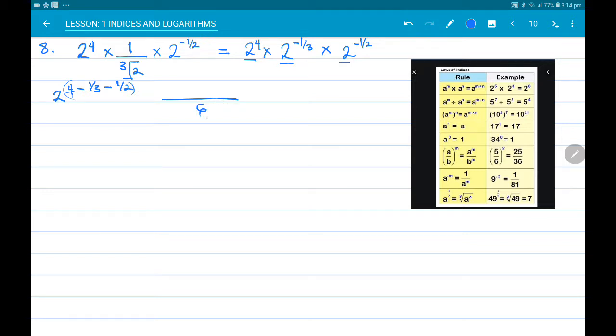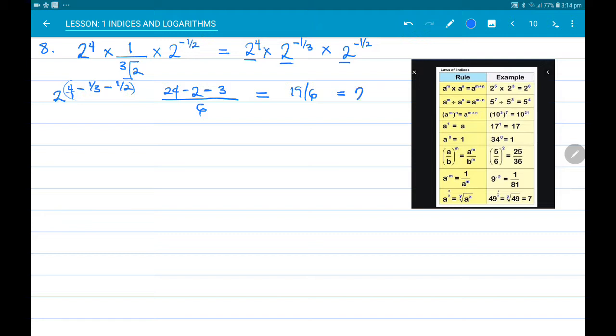What we are going to have in this place is equal to 2 raised to the power of 4 multiplied by, now you take this one back to standard indices, which is 2 to the minus 1 over 3 as a power multiplied by 2 to the minus 1 over 2 as a power.